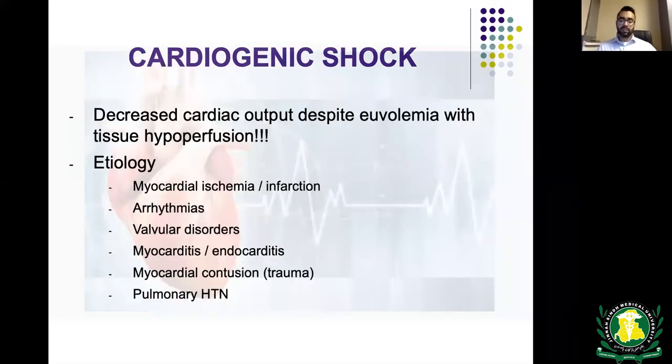So cardiogenic shock, it's a failure of the pump. Various etiologies, all of them related to the heart. The top ones are myocardial ischemia or infarction, acute coronary syndrome, arrhythmias, valvular disorders, myocarditis, endocarditis from infection, myocardial contusion from trauma, severe pulmonary hypertension.